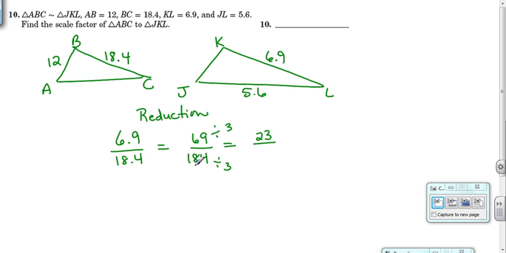Nope, that can't be divided by 3. That's wrong. They can be divided by 23. So if I divide by 23, then it reduces down to 3/8. So my scale factor is 3/8.